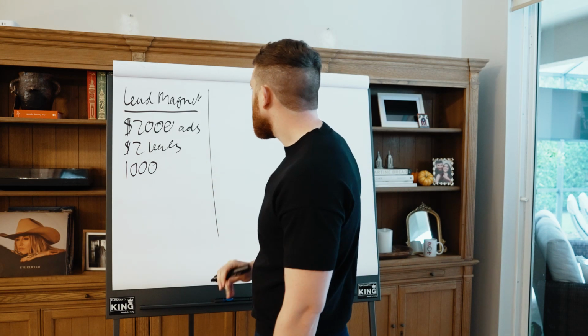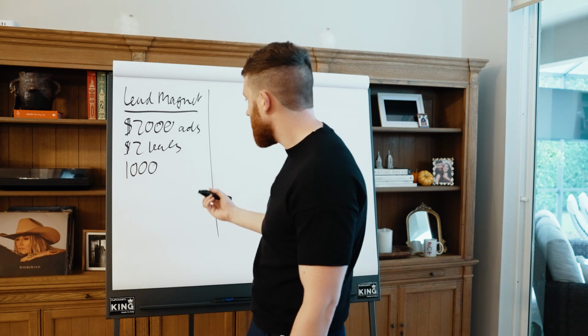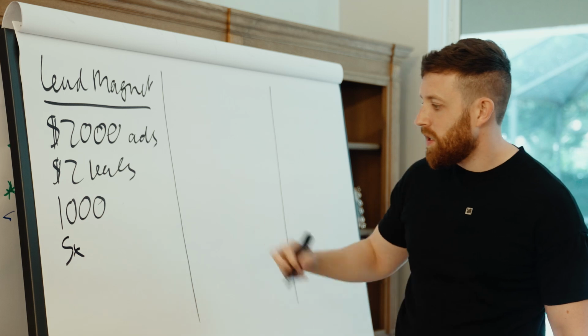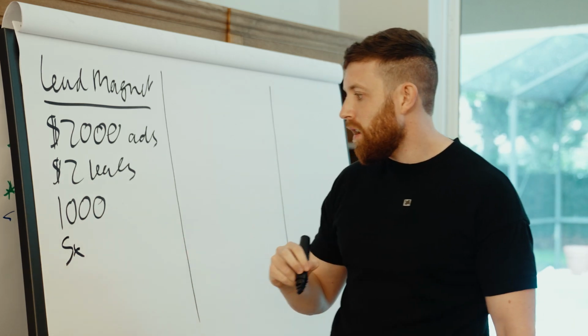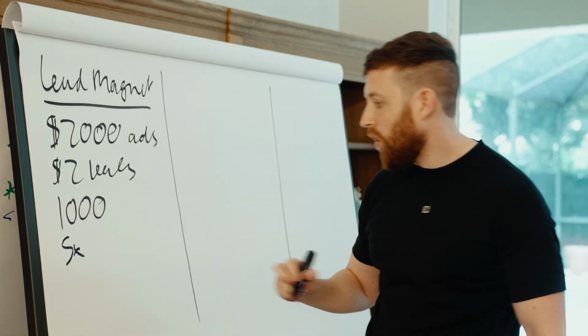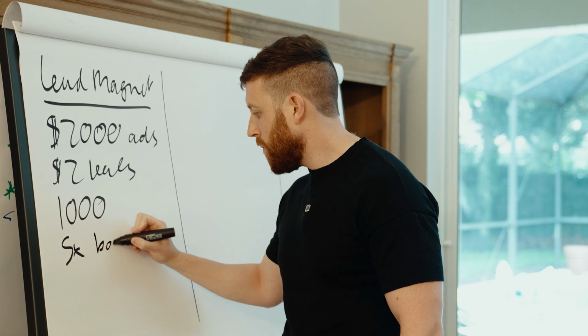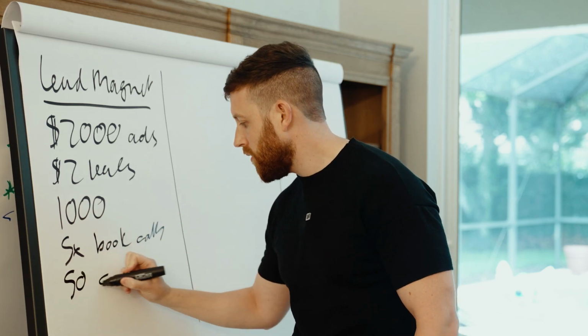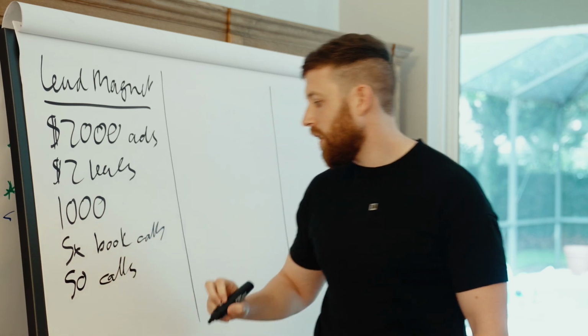Okay, so let's just say with the lead magnet, I just used this example in a different video, let's just say that 5% are going to book calls. Okay, so 5% book calls. So you've got 50 calls on the calendar.